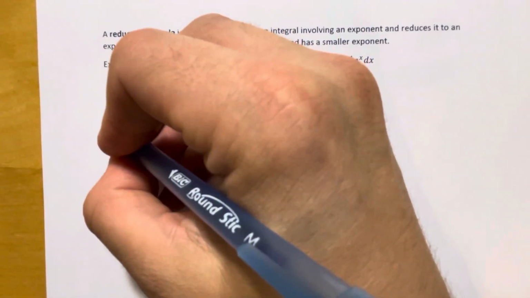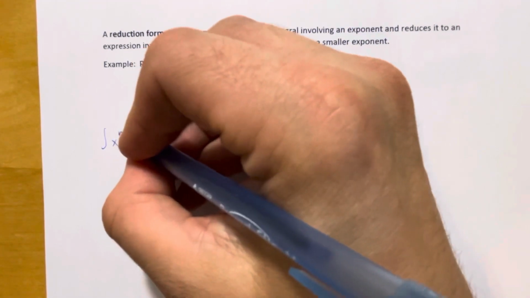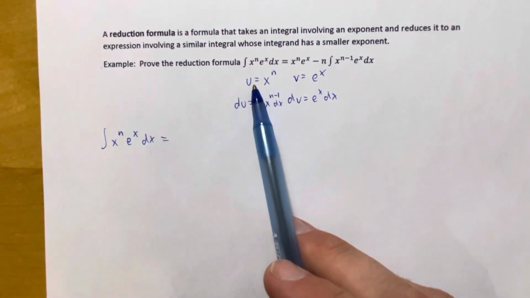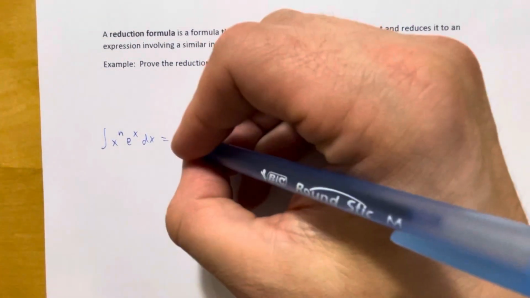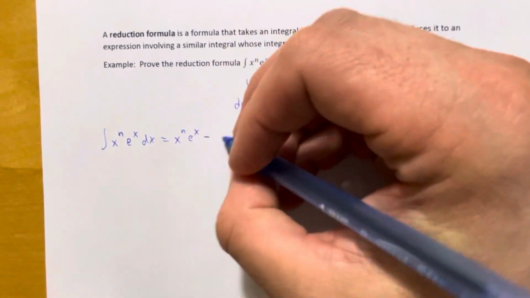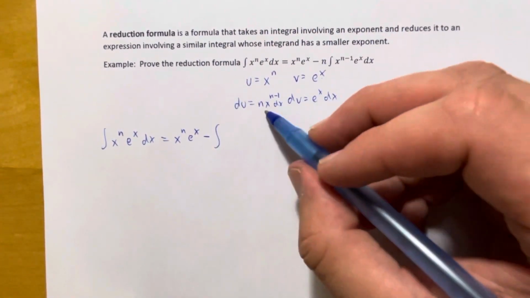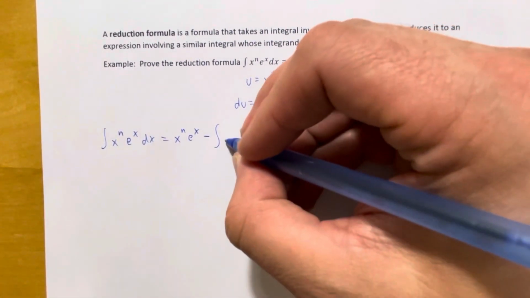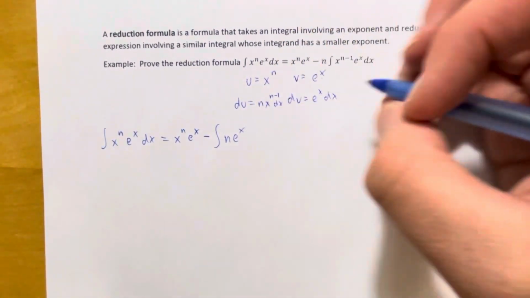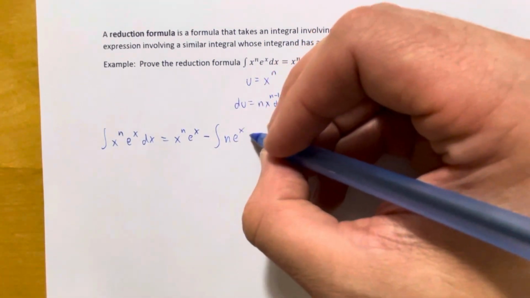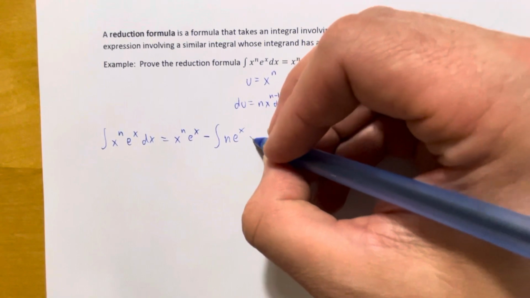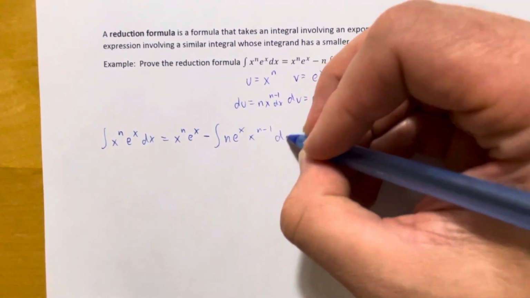According to integration by parts, I would have the integral of x to the n times e to the x equal to uv, which is x to the n e to the x, minus the integral of v du. So that's going to look like n e to the x times x to the n minus 1 dx.